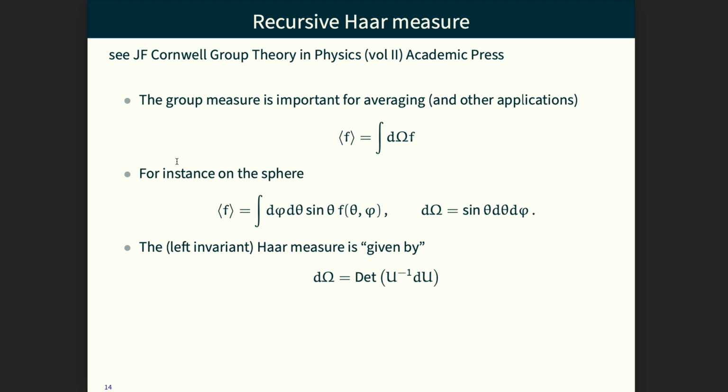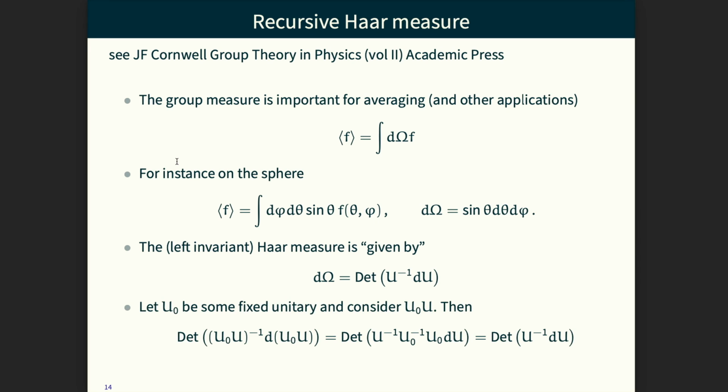It's basically something like this, and I wrote a differential here. Why is that? The Haar measure is basically unique, but of course, if you write it in a different coordinate system, it will look different, in the same way that you can talk about properties of a vector, but if you write the components in spherical or Cartesian coordinates, the components are going to look different. It's still a vector. You can still make sense of a bunch of properties of it. So why is it invariant?